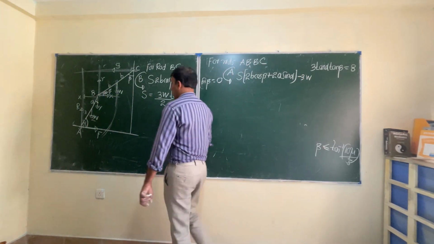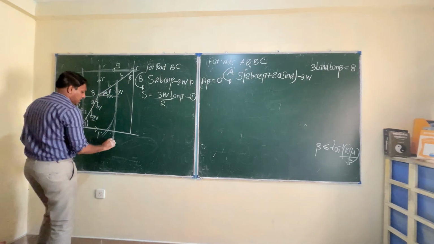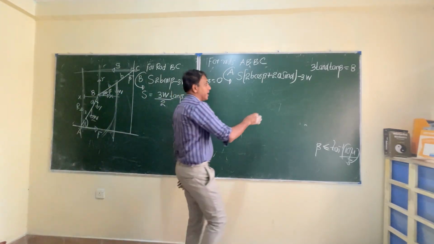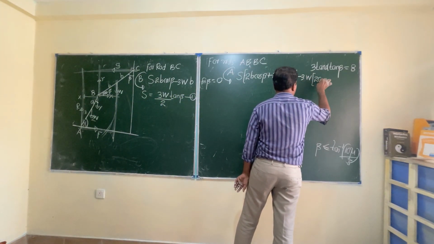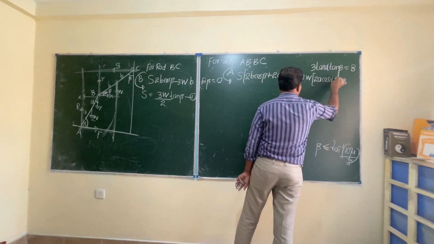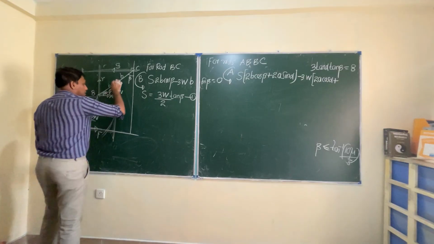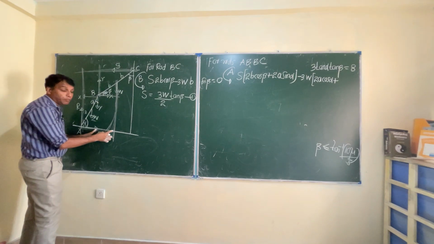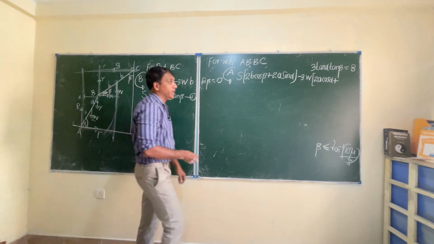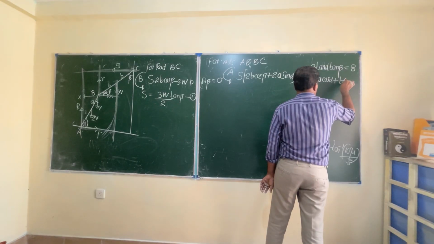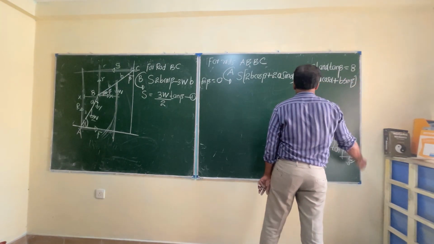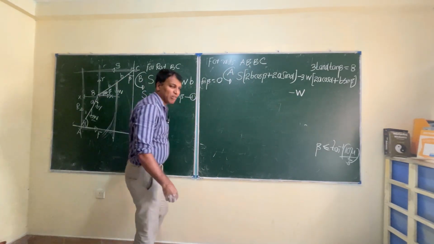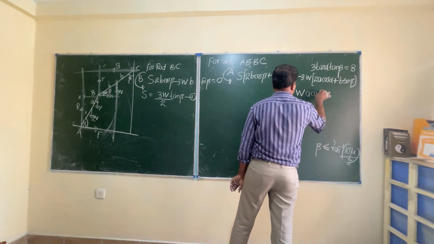The total distance is 2a cos alpha plus this part, so 3W into 2a cos alpha plus b sin beta, and finally minus 1W a cos alpha. That finishes it.